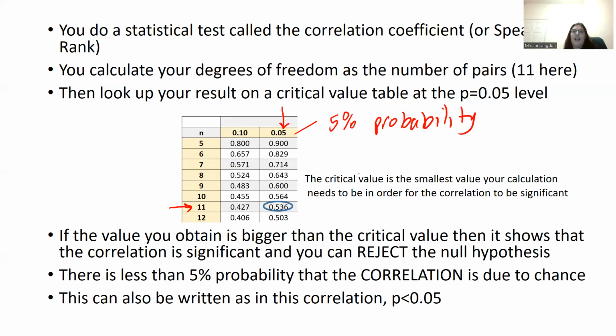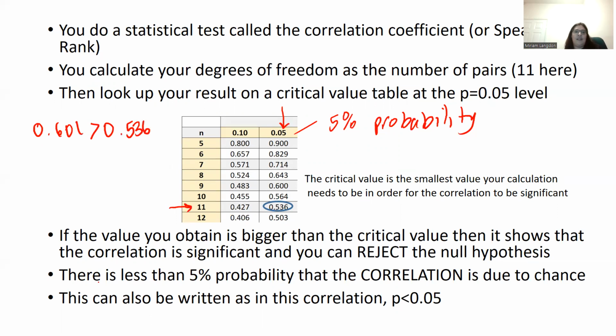Now, again, that is the smallest value that our calculation needs to be in order for the correlation to be significant. So as long as our value is bigger than that, then we'll be fine. So let's say our value for Spearman Rank was 0.601, then 0.601 would be bigger than 0.536.